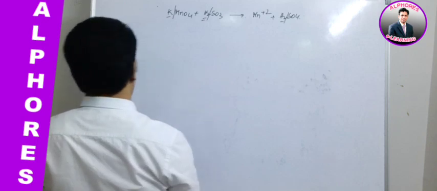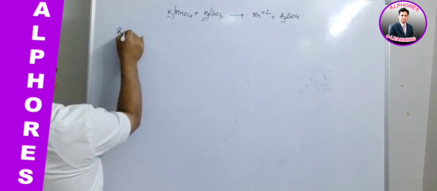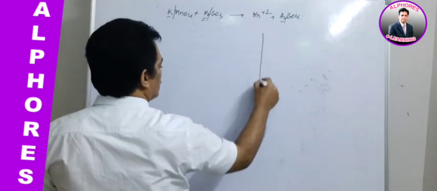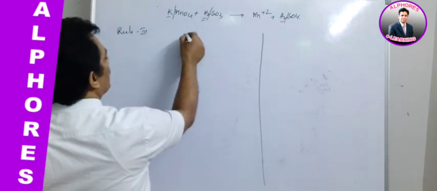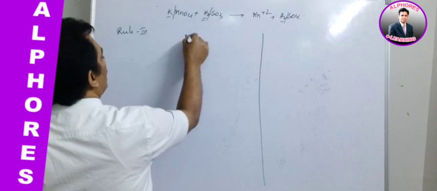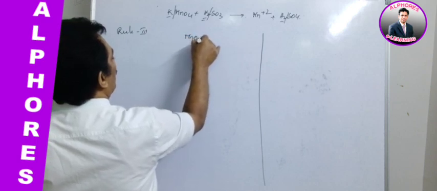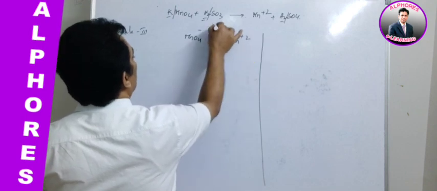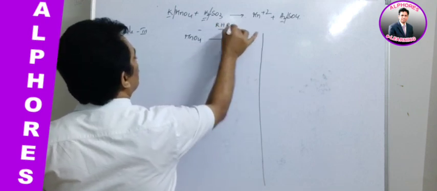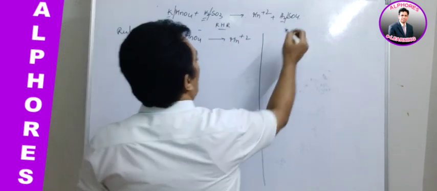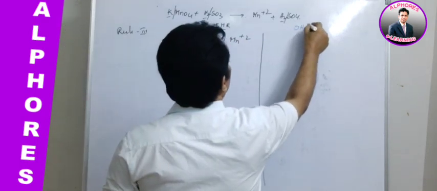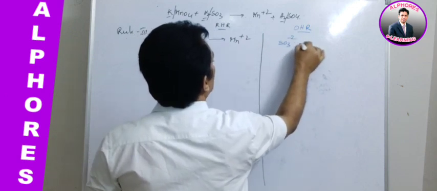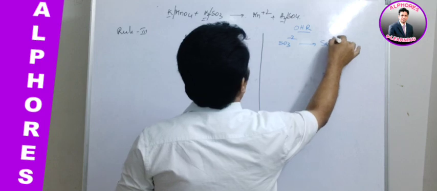As per rule 3, I am separating the two half reactions. One is MnO4 minus giving Mn plus 2. It is a reduction half reaction, and oxidation half reaction is SO3 minus 2 to SO4 minus 2.